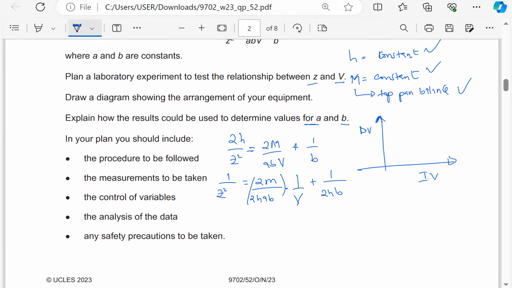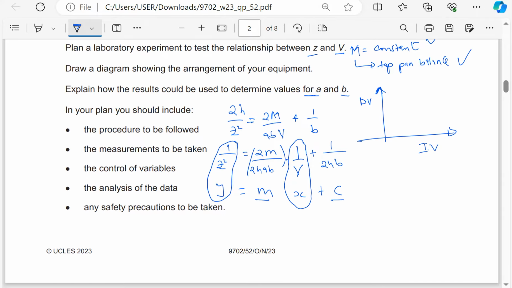So which graph am I going to plot? The easiest graph to plot is if I compare with y equals mx plus c. On the y-axis, I will plot 1 over z squared. On the x-axis, I can plot 1 over v. So it means the gradient is going to be equal to that, and the y-intercept will be equal to that. So I will plot a graph of 1 over z squared against 1 over v.